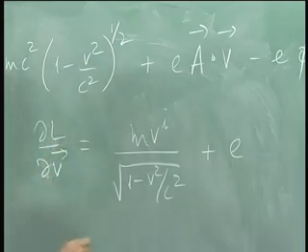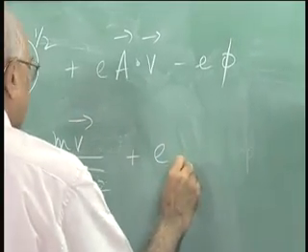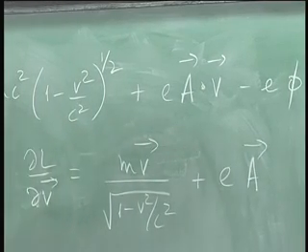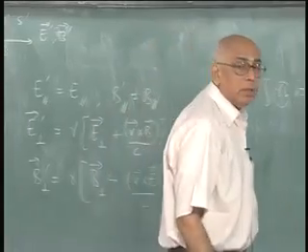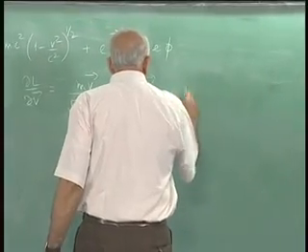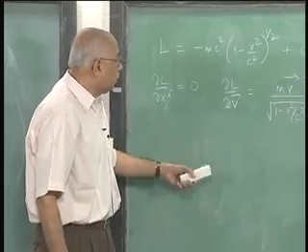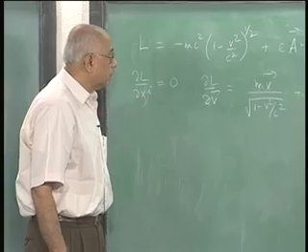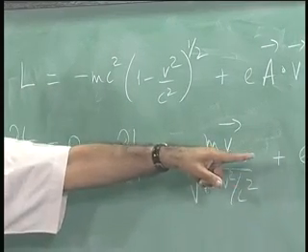So let us write this plus eA exactly as before. But this is the momentum, canonical momentum by definition. So this is equal to P, that is always the definition of the momentum. The conjugate momentum is delta L over delta R dot here. Recall that earlier we just had this, now we have this extra quantity here.